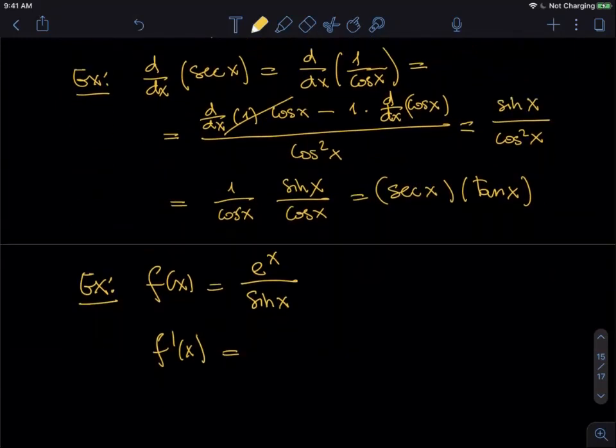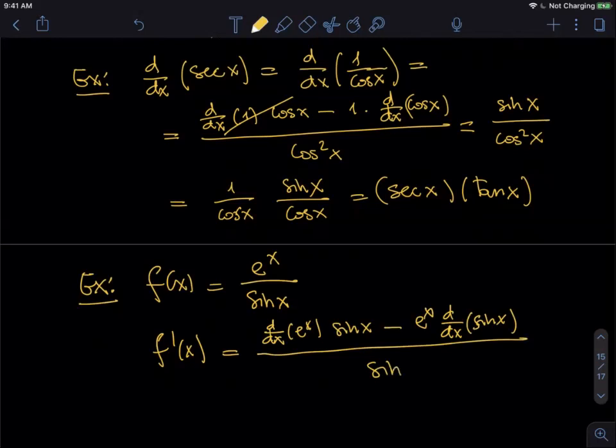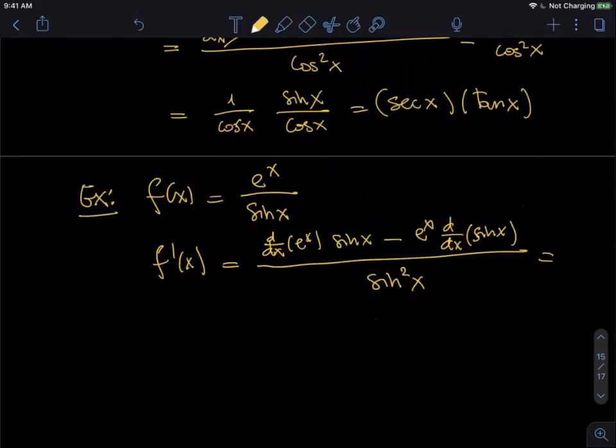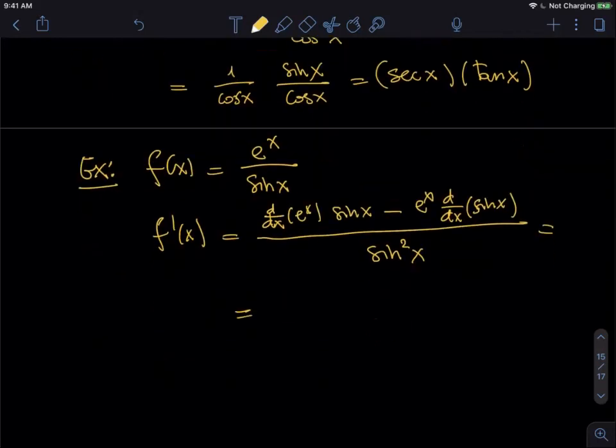So this is d dx e^x sine of x minus e^x d dx sine of x divided by the sine of x squared, and this is exponential of x, sine of x minus e^x. Derivative of the sine is the cosine divided by sine of x squared.